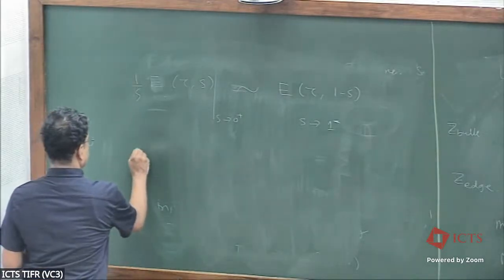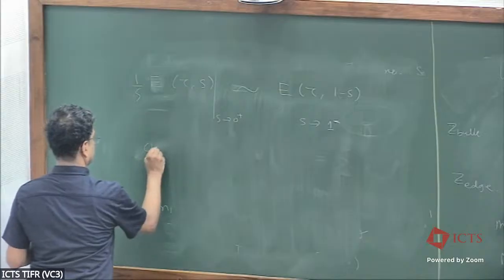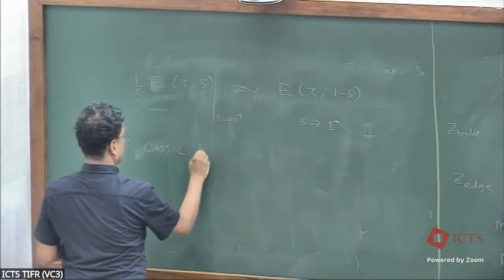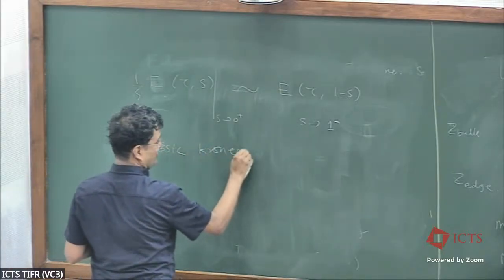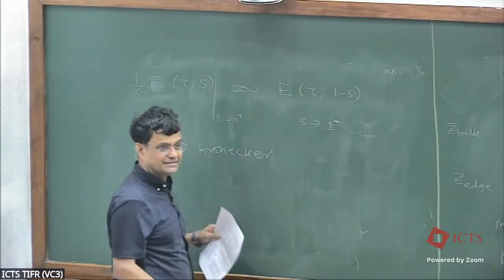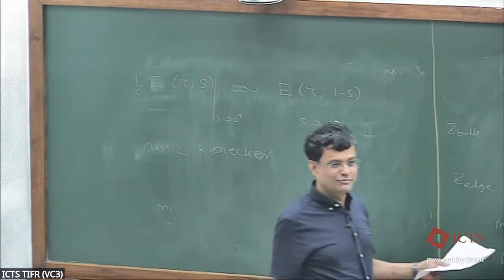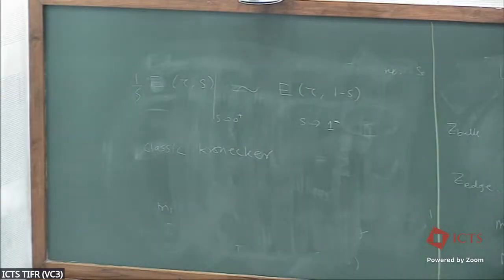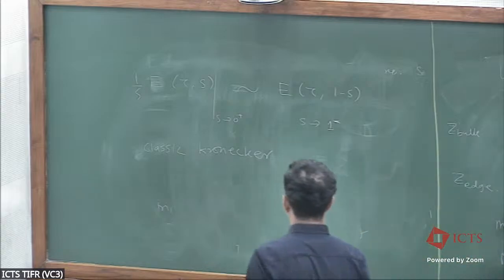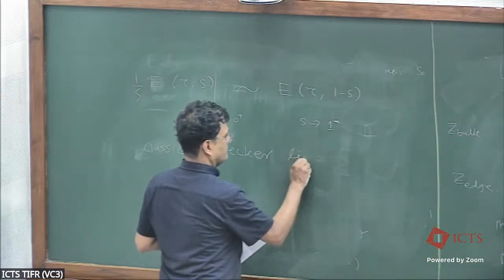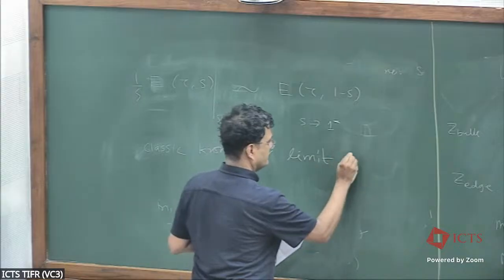And this is a famous, classic formula called the Kronecker limit formula. We were surprised to find this. We didn't know, so we were quite puzzled about what to do with this. But actually, it turns out in 1863, Kronecker had studied this limit. And this is a very well-studied formula.